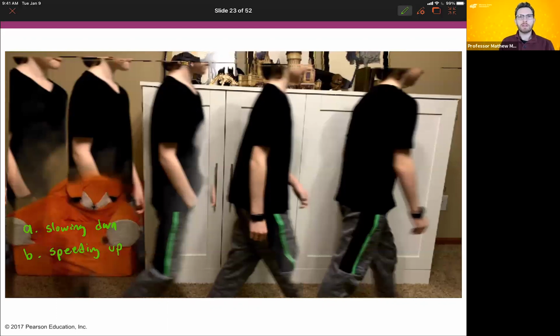Okay, I'm going to go ahead and end the poll because I think we have everybody responding. Everybody said he's speeding up. Okay, here's his position. How do we know he's speeding up? Because his velocity vector is increasing in size as the motion goes on here. He's covering more distance per unit time as this sequence is advancing.